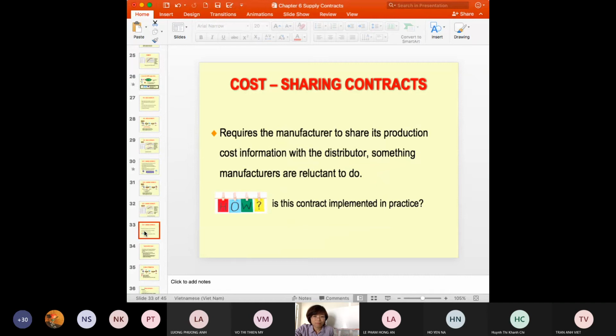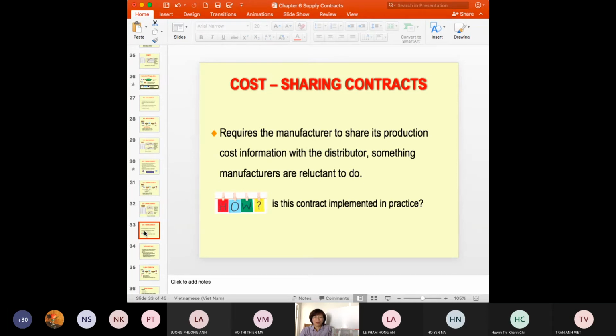So the disadvantage of cost sharing: it requires the manufacturer to share its production cost information with the distributor. But you know that sometimes the manufacturer doesn't want to share. They refuse to share the production cost information. When they sell at that price, they don't want the distributor to know how much profit they can get, right?